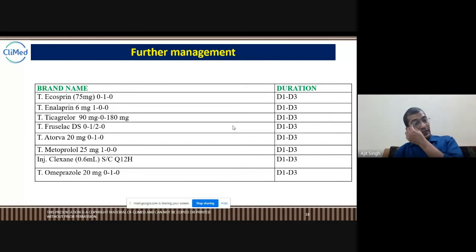But in the latest evidence-based practice, we give ticagrelor for at least a month, at least 30 days. First 30 days ticagrelor, then we switch the patient to clopidogrel based on affordability.